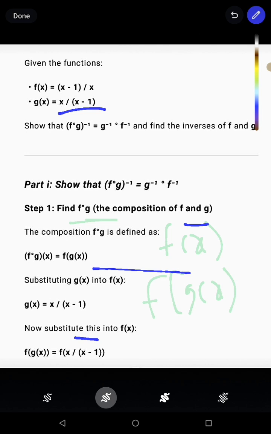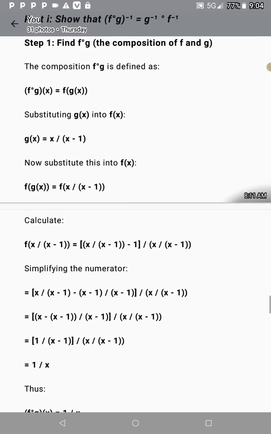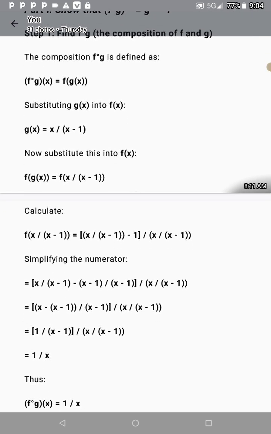So now let's continue. We already know f of x, and we already know f compose g of x. We are not done with it, but we've done it to a point. We've substituted g of x for x. So now we go back to the definition of f of x.